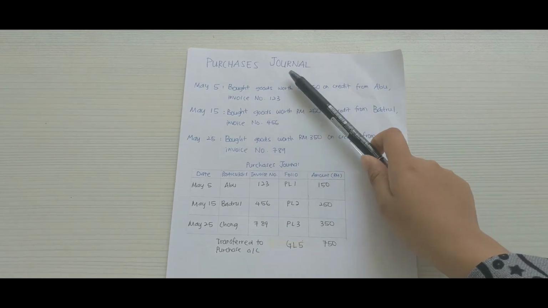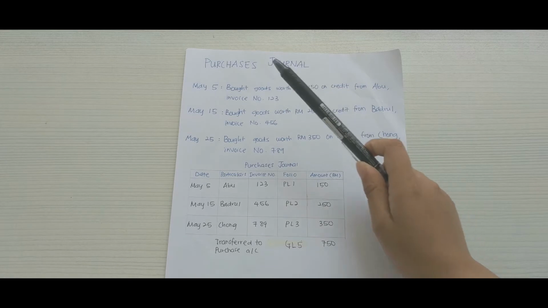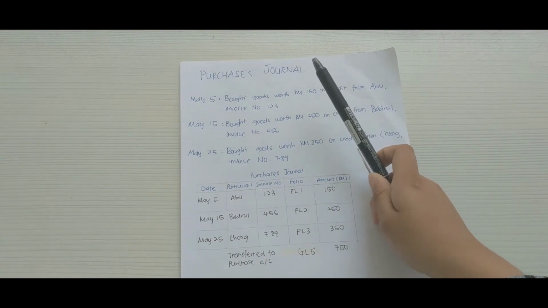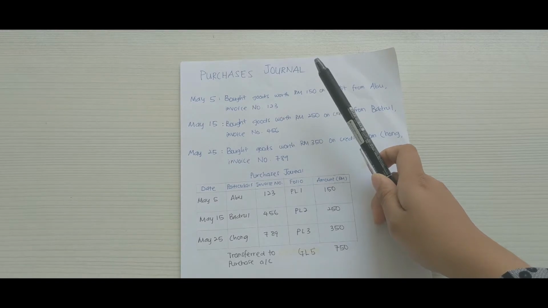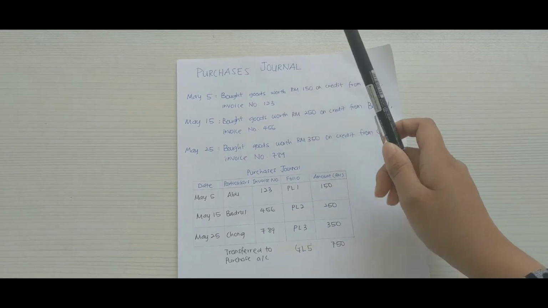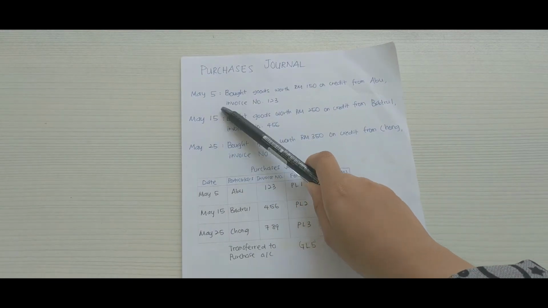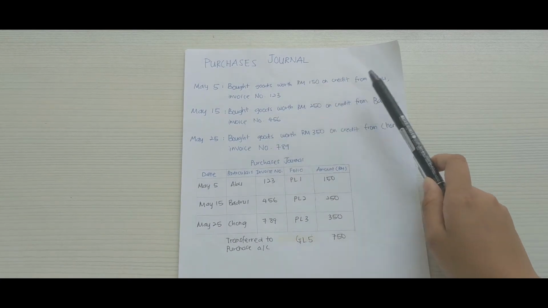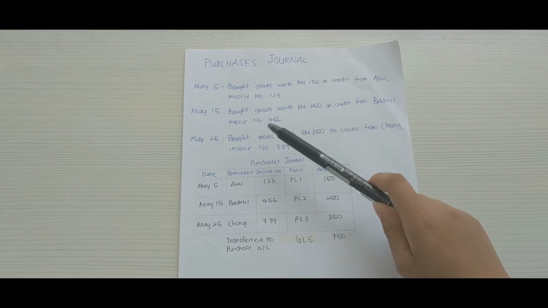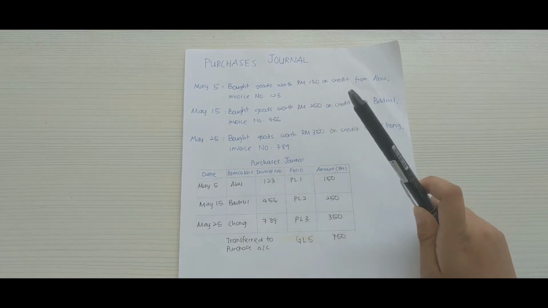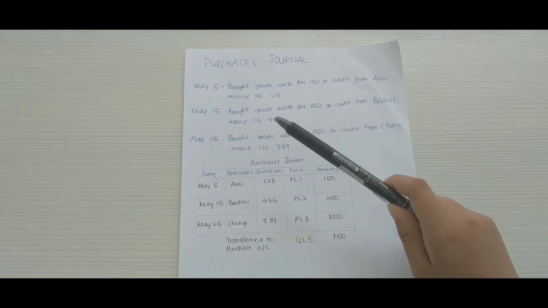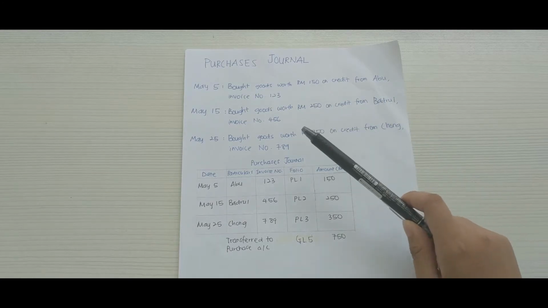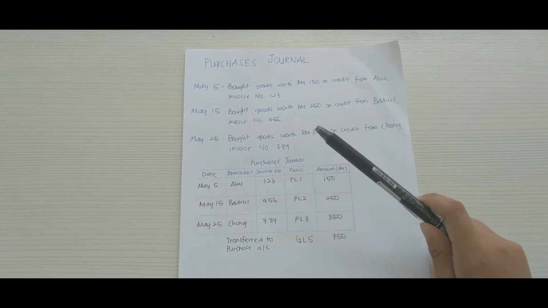Next, we have the purchases journal. It is used to record transactions of goods purchased on credit. For example, May 5th, bought goods worth 150 ringgit on credit from Abu, invoice number 123. May 15, bought goods worth 250 ringgit on credit from Badrul, invoice number 456.